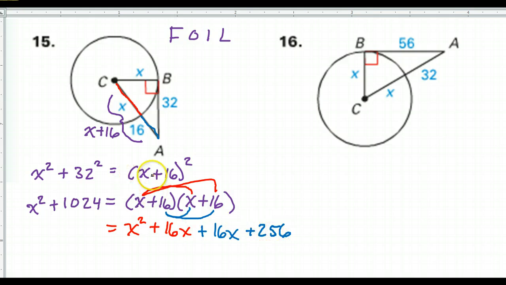Notice it's not the same thing as just x squared plus 256, which is what we would have gotten if we had just squared this and squared this. There's this middle term that we get, and we can simplify this a little bit more. So this will be x squared plus. And of course, 16 plus 16 is 32. So let's go ahead and put 32x plus 256.